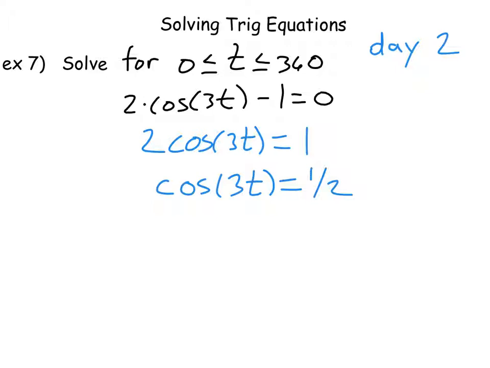So we're still getting to this same form where I've got a trig function of something, right? Cosine of, in this case, 3t as opposed to t equals 1/2, okay? But I'm in a position where I can take an inverse because I have the cosine value on the other side. I need to do inverse cosine of 1/2.